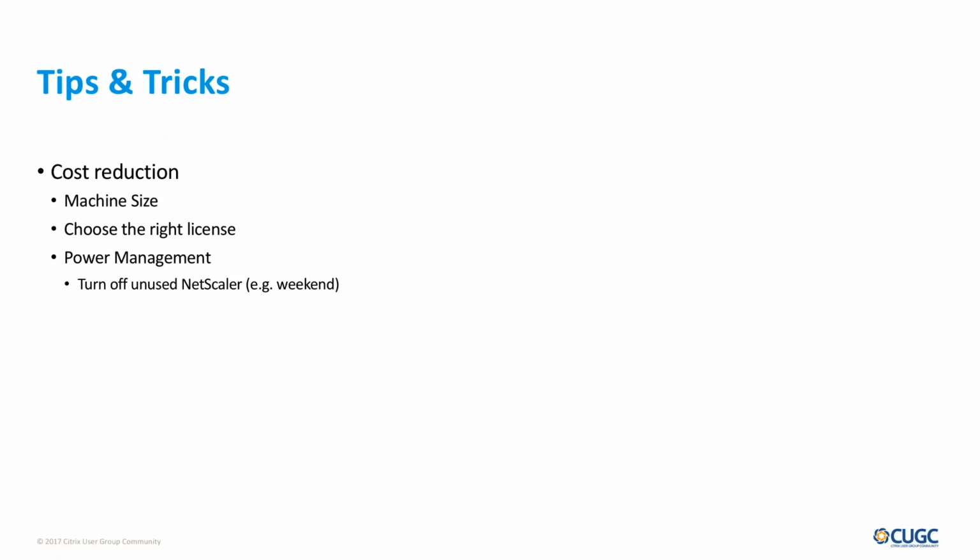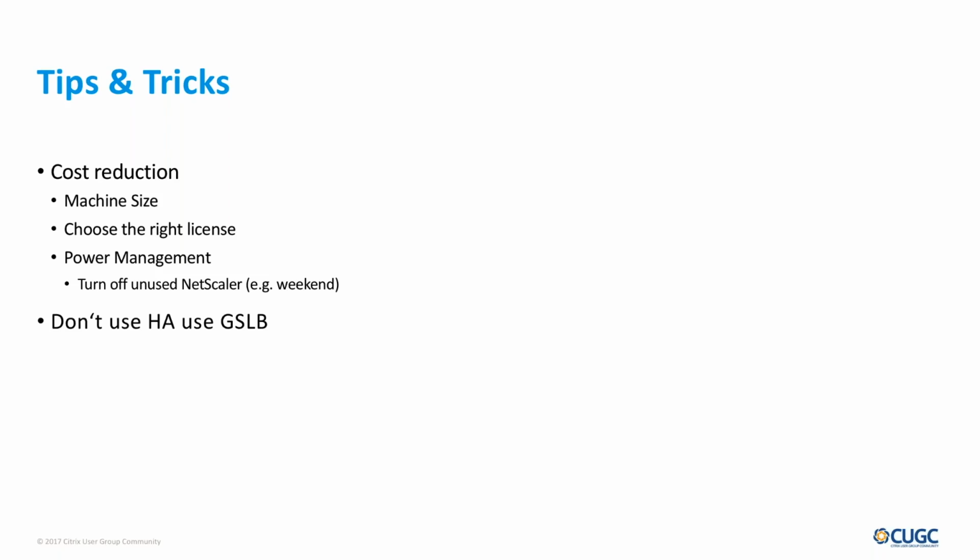Also use the right license. There are different licenses available, Dave mentioned it, so choose the right one. Maybe a better way is to use the licenses within the Azure subscription, so maybe use a VPX 100 license, which is offered to you by Microsoft. And if you don't use it, turn it off and save money, maybe for the weekend.